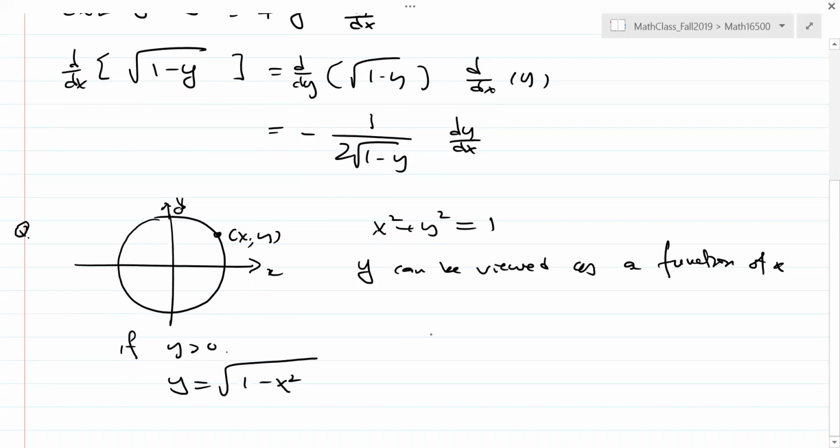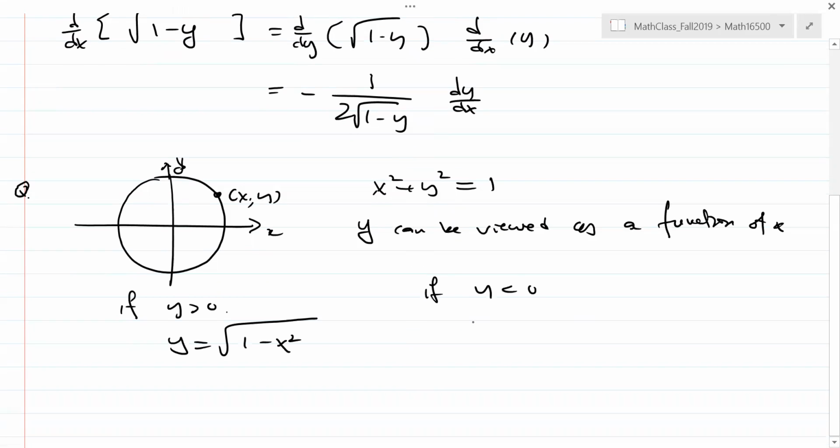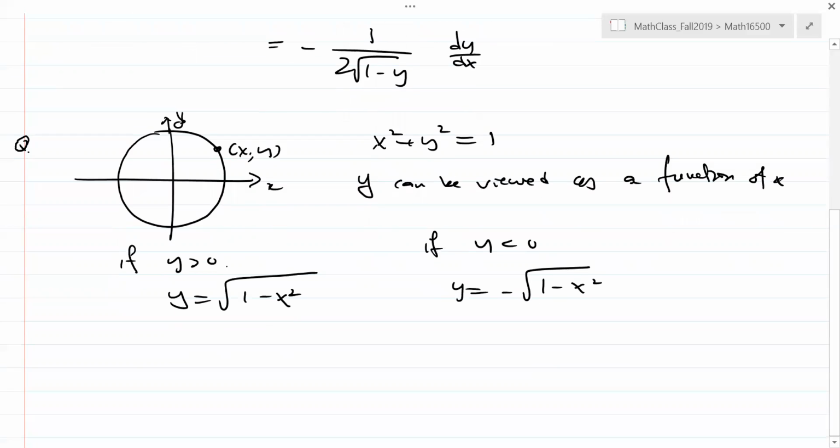Okay. If y is negative, it's below the x-axis, then y is going to be negative square root of 1 minus x squared. So y indeed is a function of x, and it actually can be given explicitly. But sometimes you cannot use an elementary function to express the dependence of y on x. Right? In this particular case, you can do that.